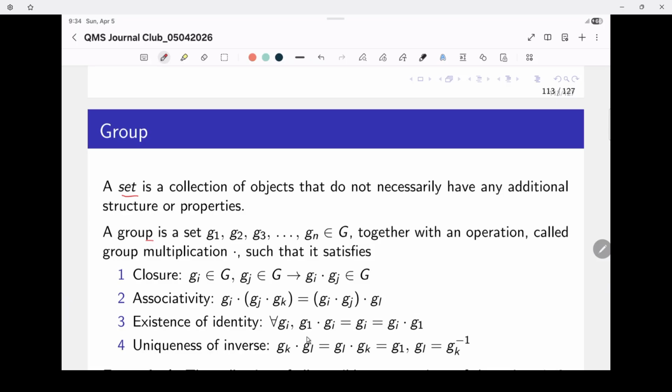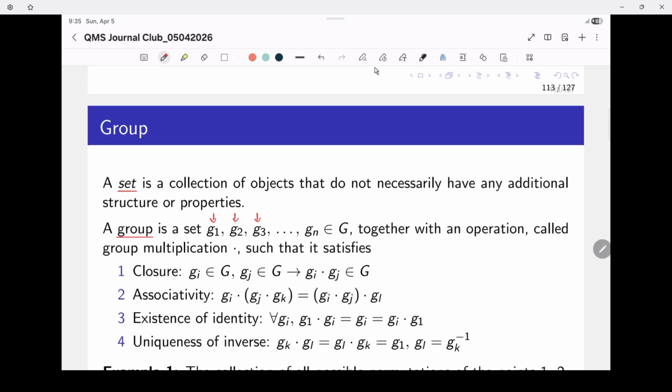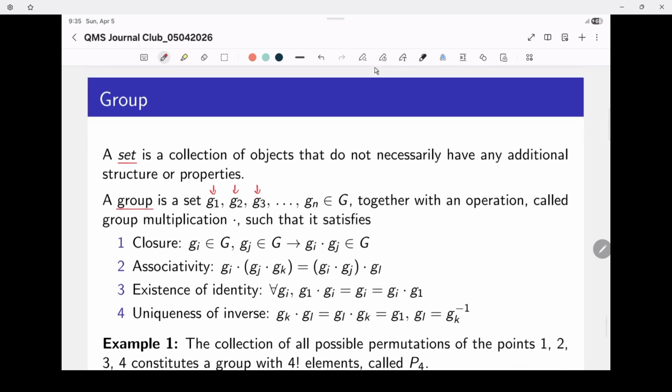So, what is a group? A group is basically a set whereby you have what we call group elements inside a big set. Besides the group elements, you also have what we call group operations. For the group multiplication, we use the notation of a dot.